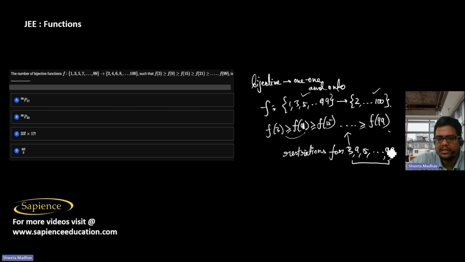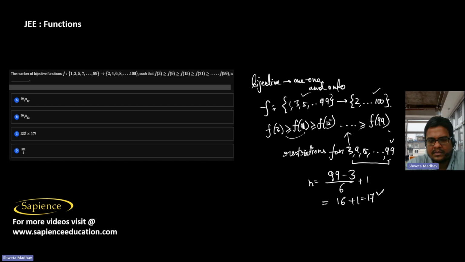This is an AP, and 99 is the nth term. So the number of terms will be (99 minus 3) by 6 plus 1. So this will be 96 by 6, which is 16, plus 1, that is 17 terms. So there are 17 terms.